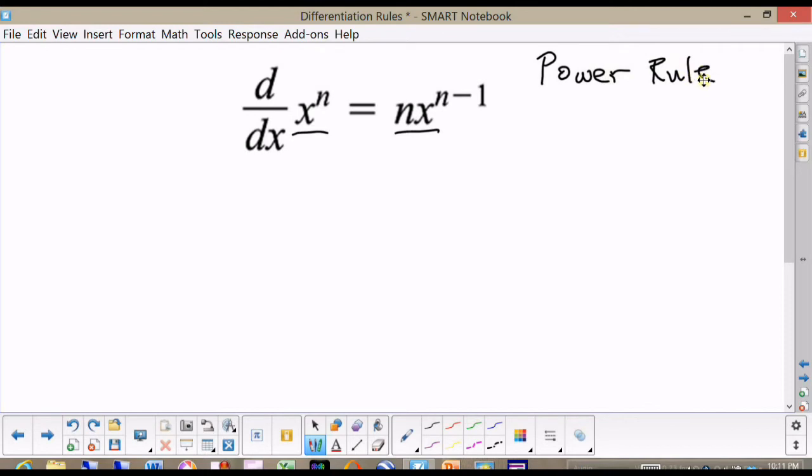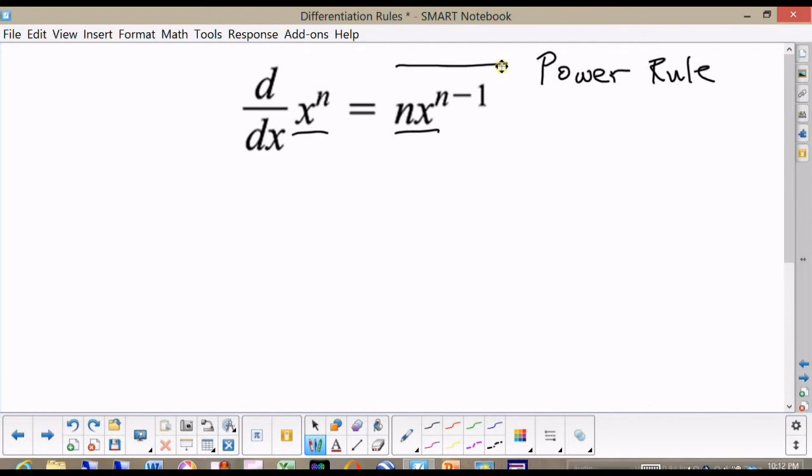And we're going to show that for n being an integer, that this is indeed so. In fact, it turns out it's also the case if n is a rational number or an irrational number. The formula still works.